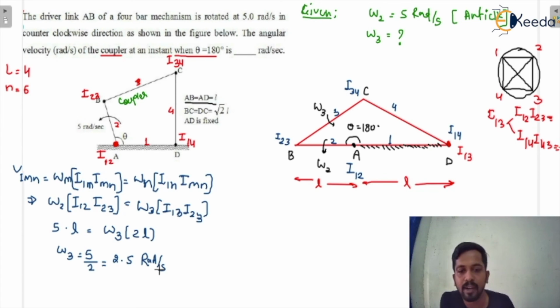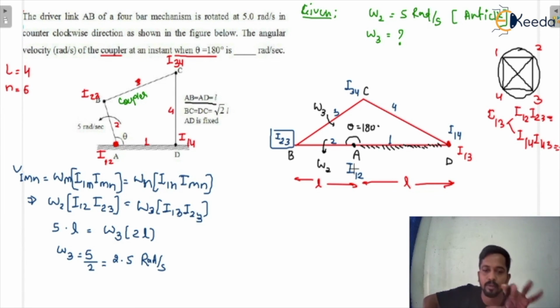If I12 and I13 both are on the same side of I23, then both links, link 2 and link 3, have the same direction. That means if 2 is clockwise, 3 will also be clockwise. If they are on opposite sides of I23, omega 2 and omega 3 will be in opposite directions. If one is rotating clockwise, the other will be anti-clockwise.